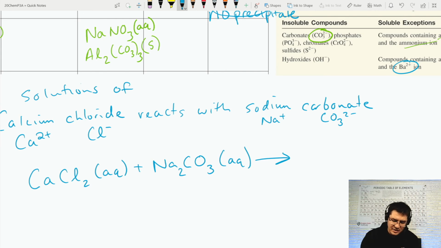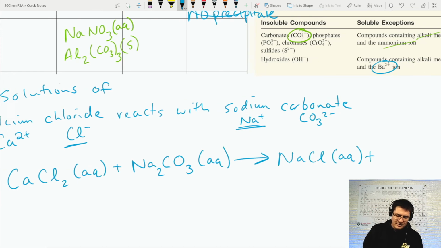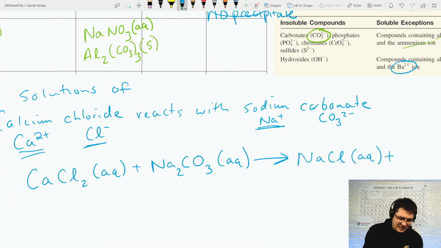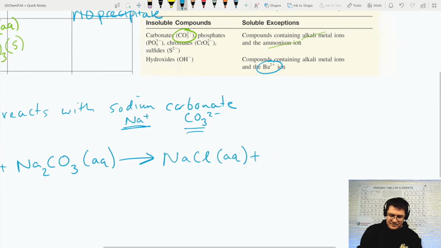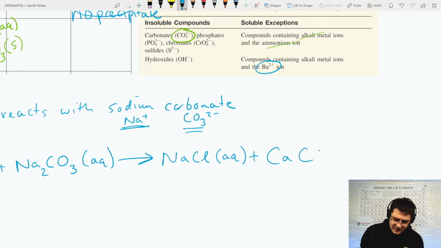Okay, you do your double replacement reaction. So you're going to partner up sodium with the other anion. So that's NaCl. I'm hopeful that you know table salt, sodium chloride, is soluble in water. Also all sodium salts are soluble, so aqueous. Plus, you need to partner up calcium with carbonate, and that's a 1-to-1 ratio.